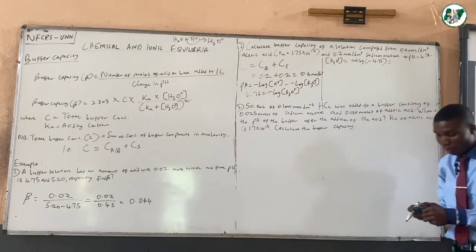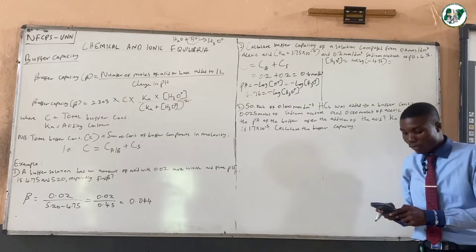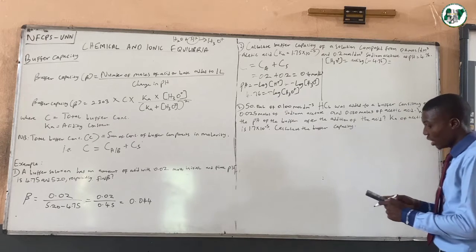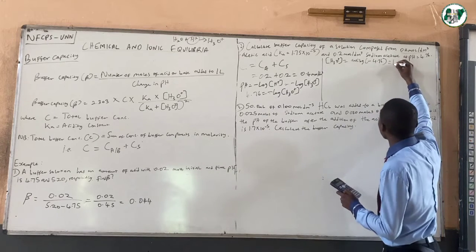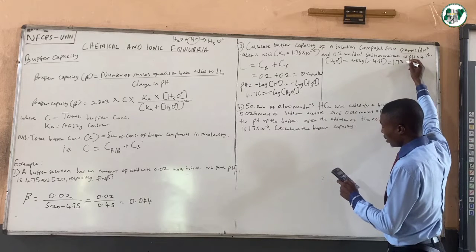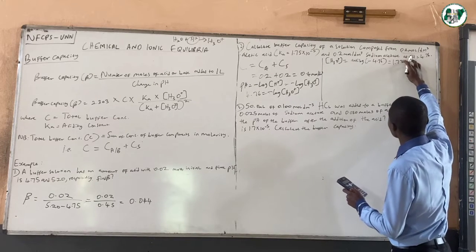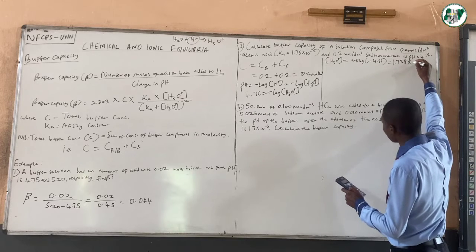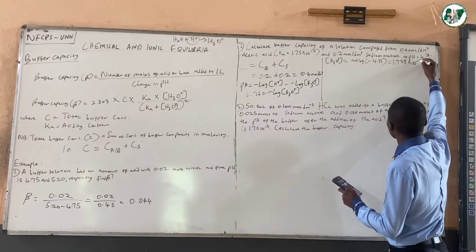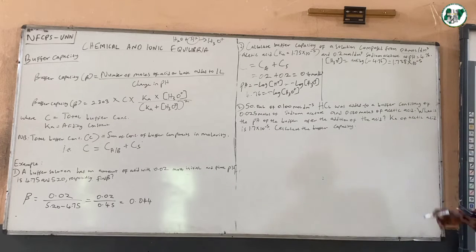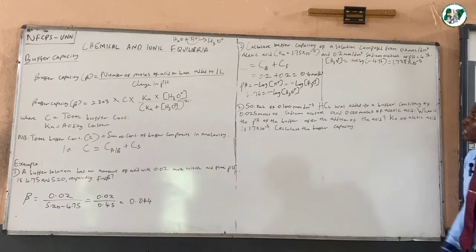Antilog of minus 4.76 is going to give us 1.738 times 10 raised to the power of minus 5. That's the concentration of the hydronium ion.